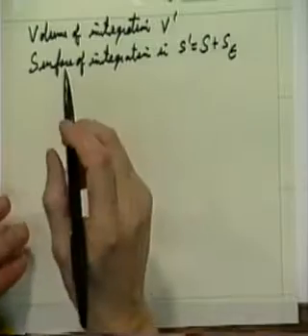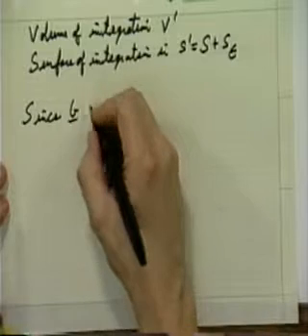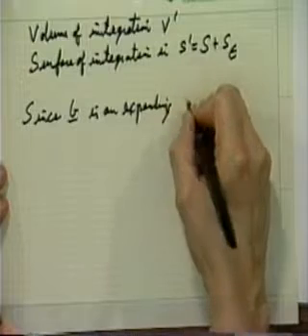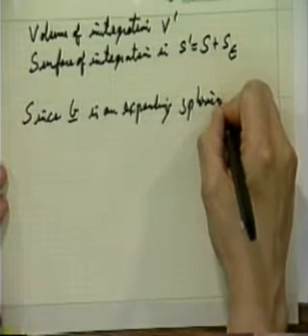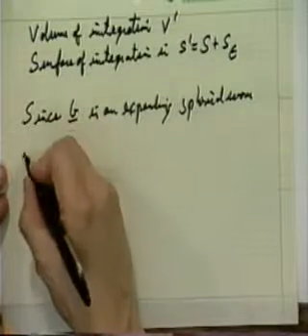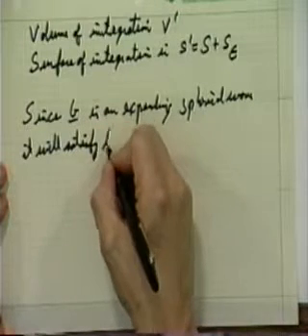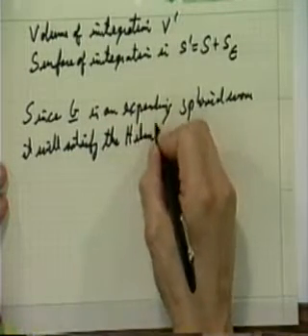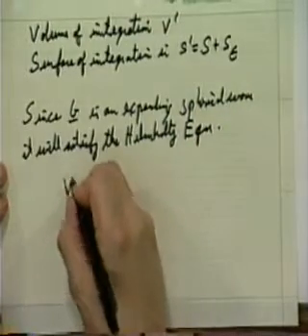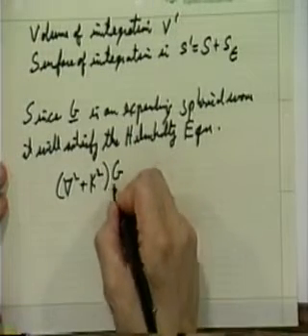Now, this Green's function is an expanding spherical wave. So since G is an expanding spherical wave, it will satisfy the Helmholtz equation. And so del squared plus k squared times G is 0.